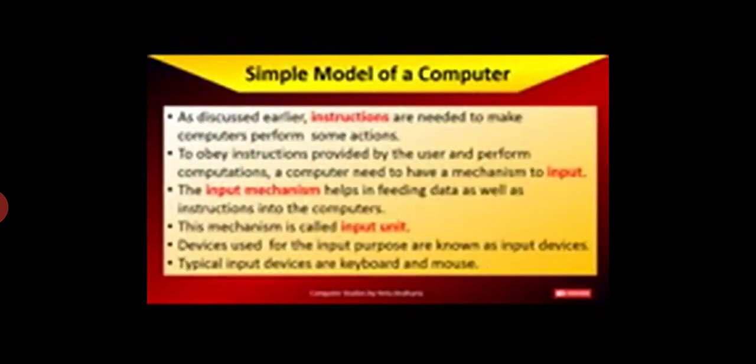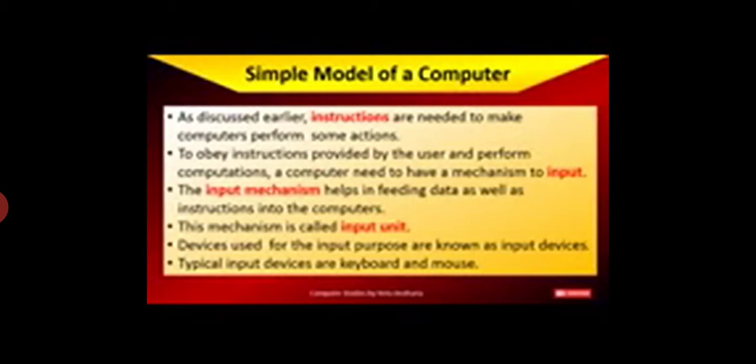Now, as discussed earlier, instructions are needed to make the computer perform some actions. Do you know the meaning of instructions? None of the authors of the book has taken the pain to explain the meaning of instructions. Instruction means software.